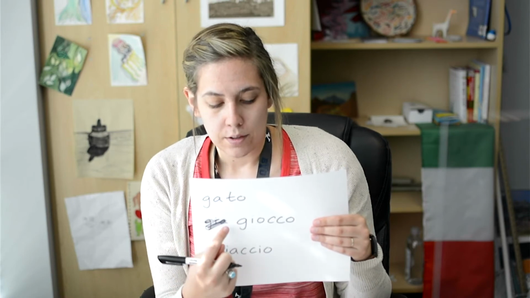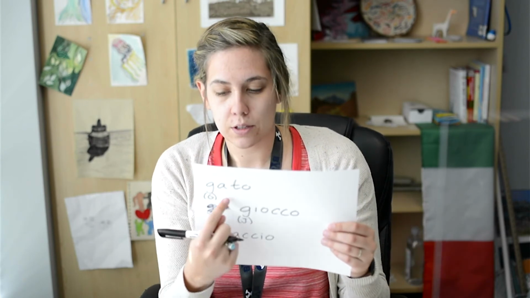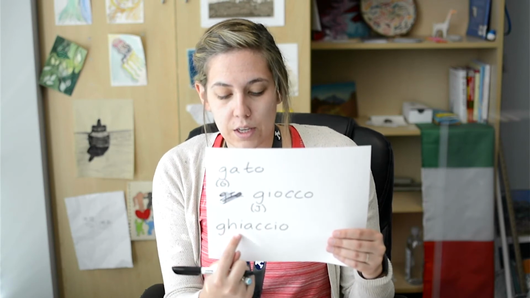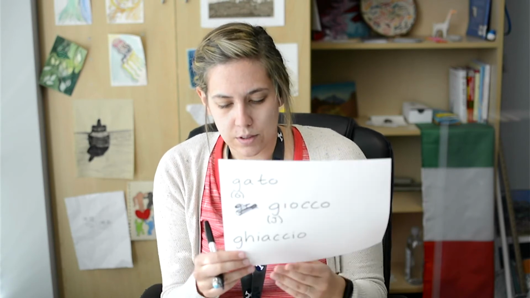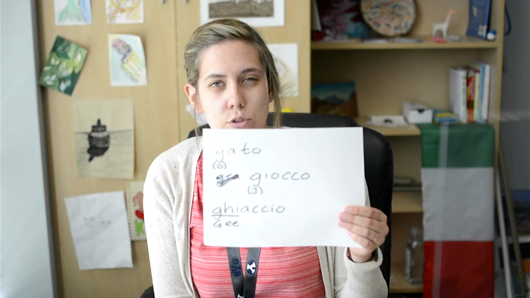That's making the J sound, like the letter J. This other one is making a G sound. It is ghiaccio. So that's making that G sound, and then the I makes that double E sound, ghiaccio.